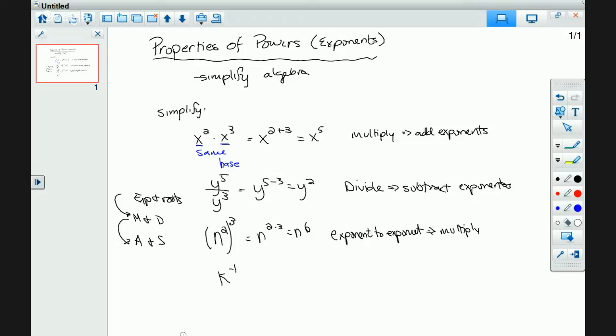Anybody? Put it in a fraction. A negative exponent means put it under. Is that because it's multiplying? No, that's the rule.